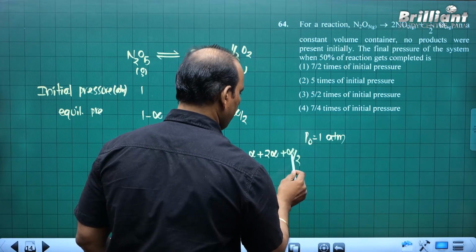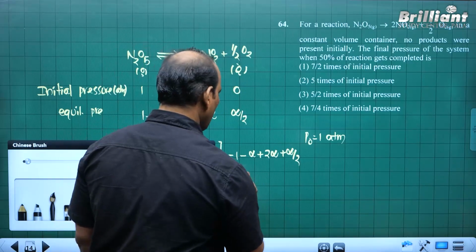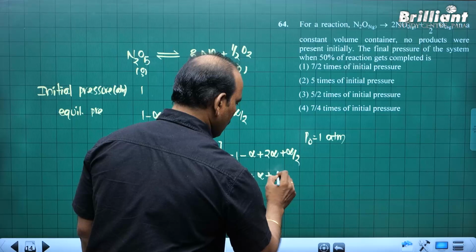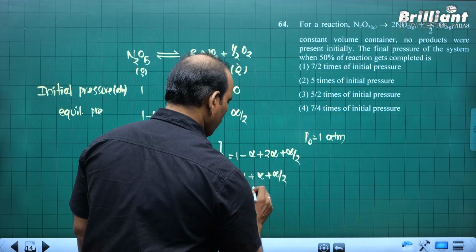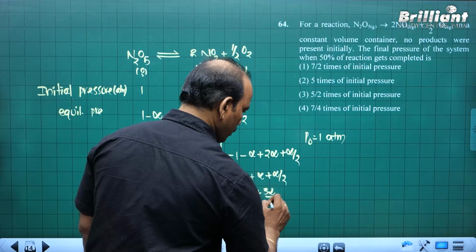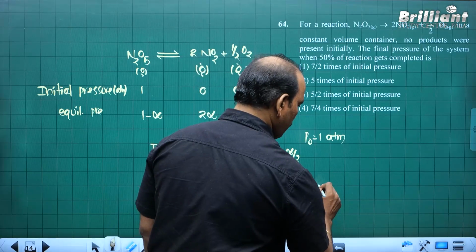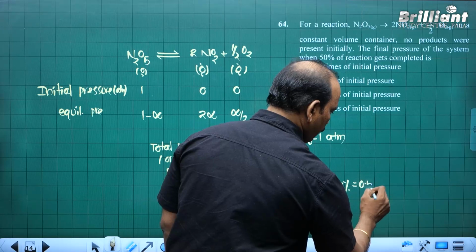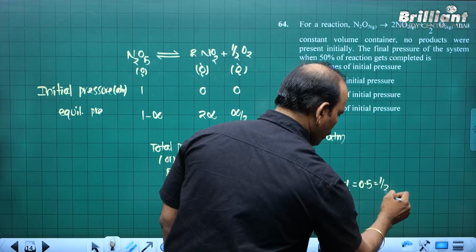Clear? Now this is 1 plus alpha by 2, that is 3 alpha by 2... Here alpha equal to how much? 50% is given, that is 0.5 equal to 1 by 2.